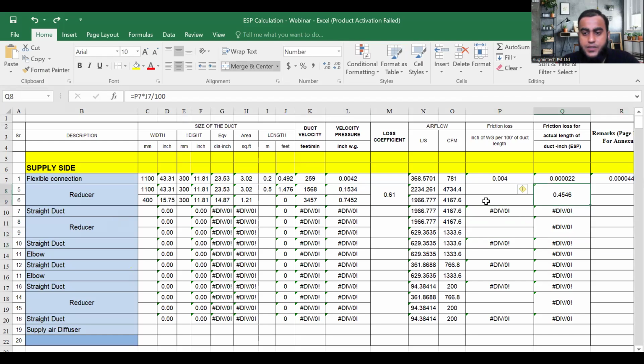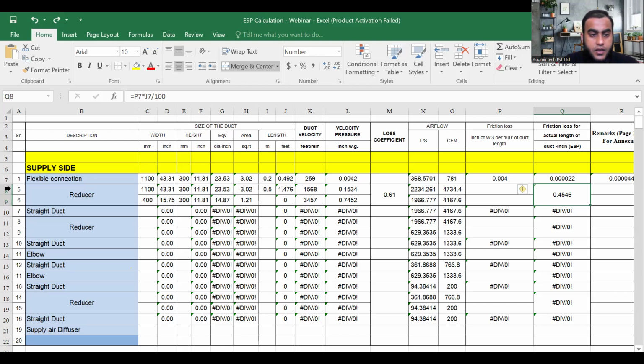So let me know, please. Or otherwise, directly you can enter, okay? If you want formula, but actually I want to check it. Just 1 minute, 0.61 into velocity pressure, 0.745. 0.61 into 0.1534.09. Okay, here the value is coming P7.